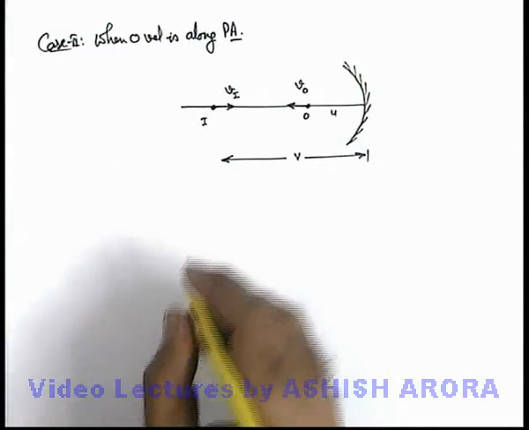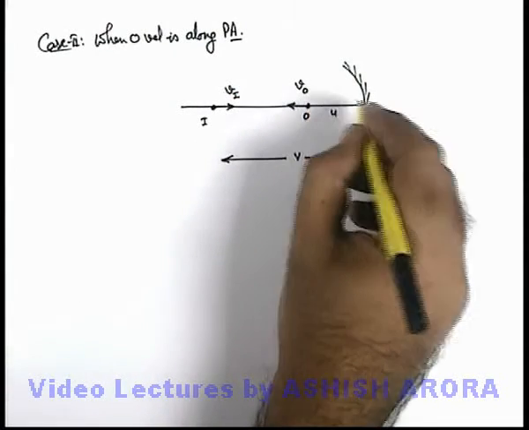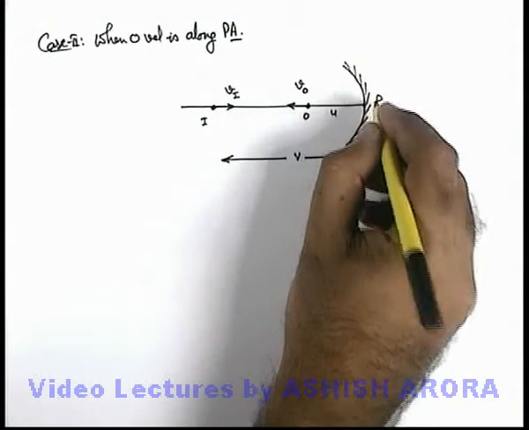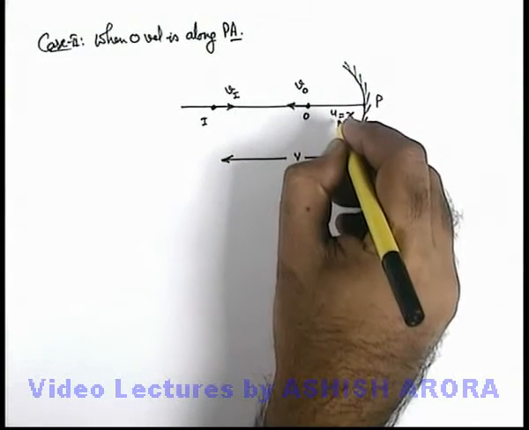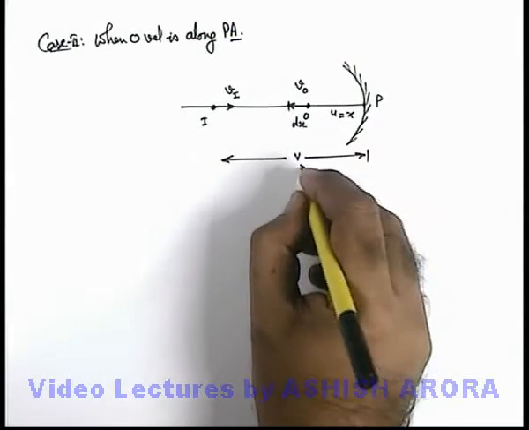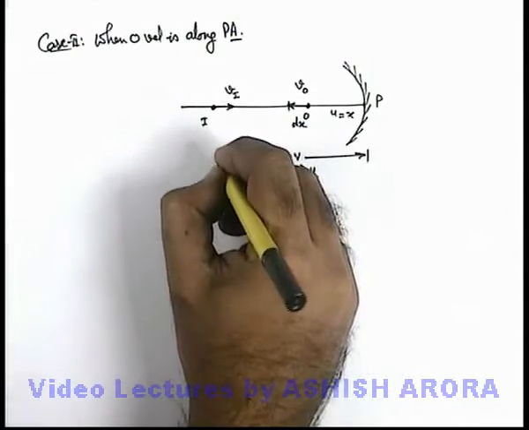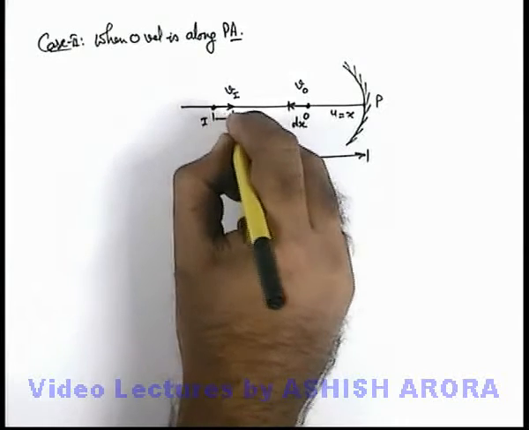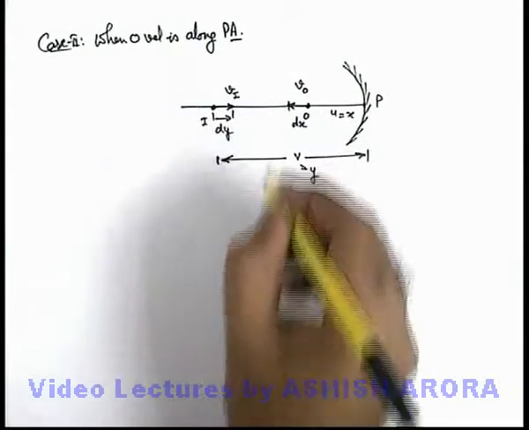Now in this situation, say object is located at a distance x from the pole. Here we can take u as x and say it displaces by dx. Then if v is taken as y, we can say correspondingly image will be displaced by a distance dy in opposite direction.